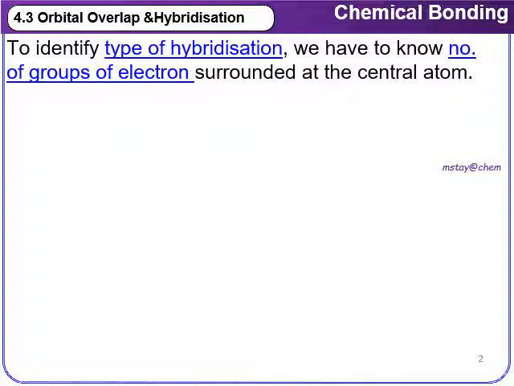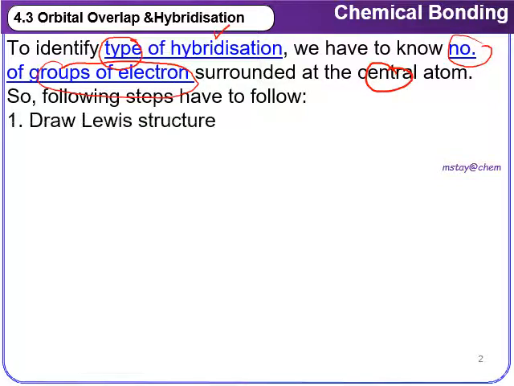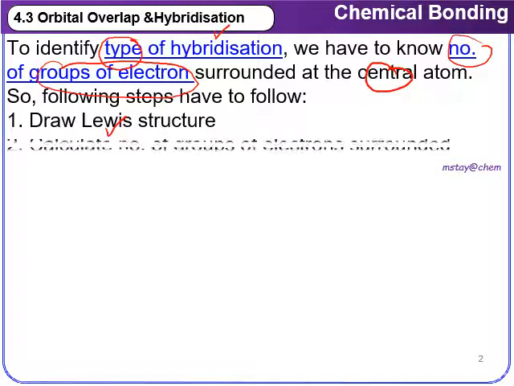Next, after we get the idea of hybridization, generally when we want to answer the question, we are going to identify the type of hybridization. When we want to know the type of hybridization, basically we need to know the number of electron groups or electron domains at the central atom. So before you can determine the number of electron groups, you have to draw the Lewis structure.